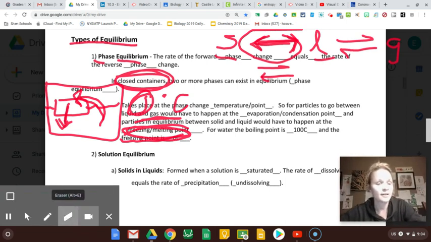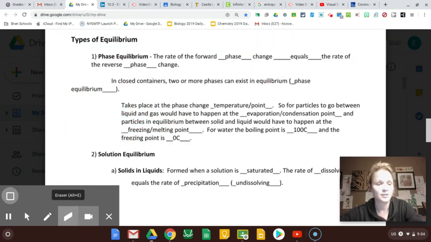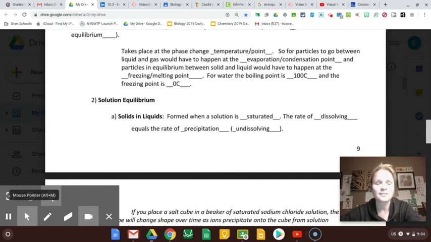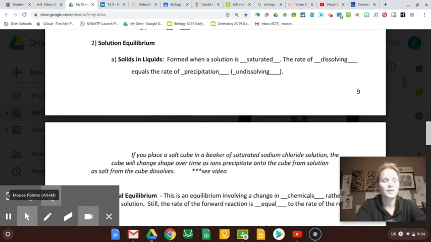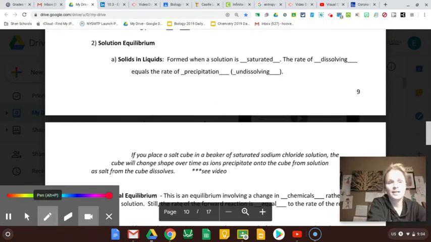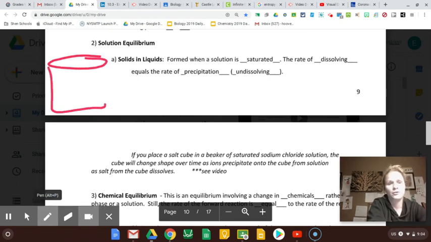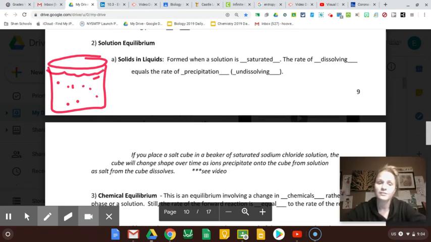All right, the next one is solution equilibrium. If you remember from our solution unit, a solution is one thing dissolved in another thing, like a solid lemonade powder or solid KNO3 dissolved in some liquid solvent, usually water.